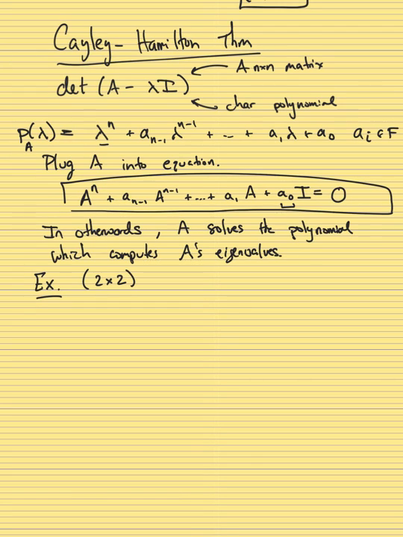Well, we saw the determinant for A, if I take A to be a general 2x2 matrix with entries a, b, c, d. This characteristic polynomial P_A of lambda was equal to lambda squared minus the trace of A times lambda plus the determinant.